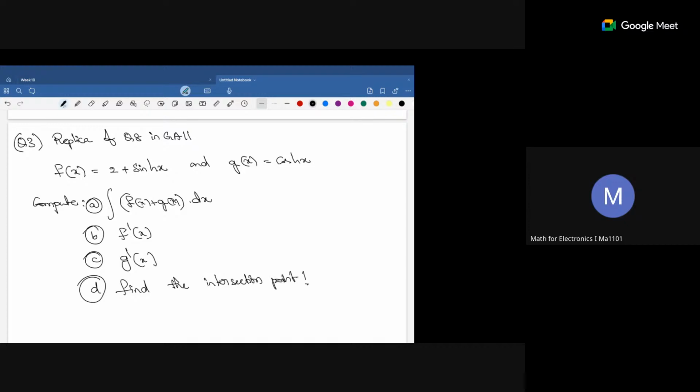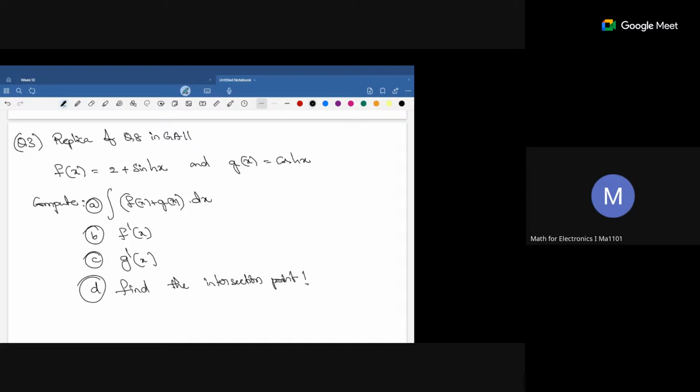There are 4 parts. Now the time is 9:28. So try to solve each and every part. Take 5, maybe 7 minutes also. At 9:35 we can discuss this particular problem, and then we will solve one more problem, and by then we will reach 10 p.m. Try solving this.